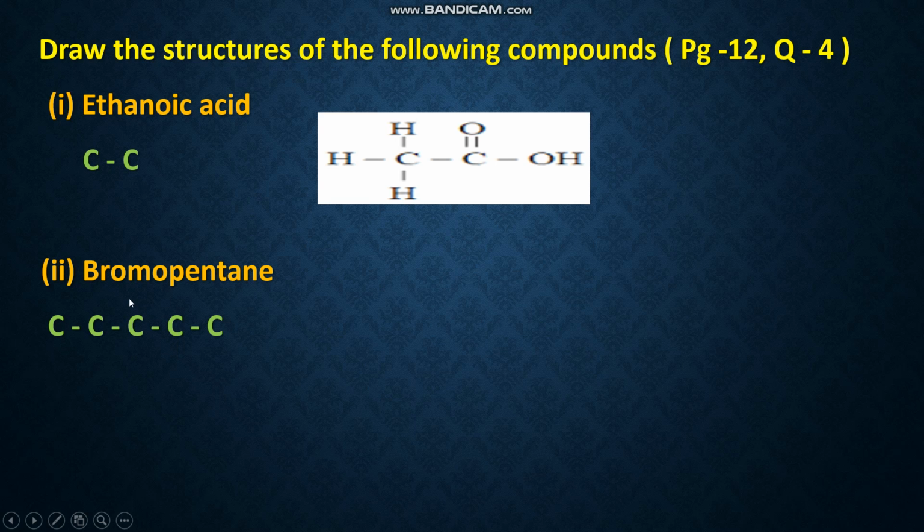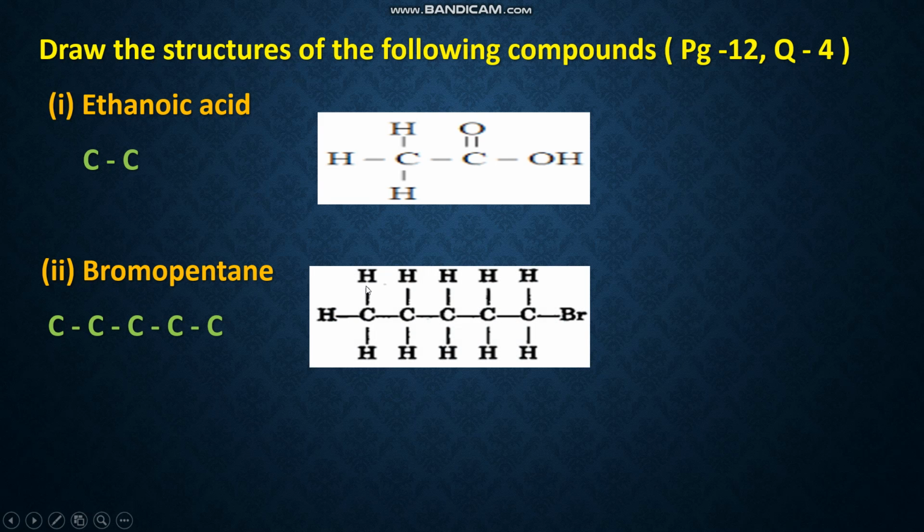Remaining bonds should be satisfied with hydrogen. As you have already seen in the previous class, the valency of carbon is 4, so 4 bonds should be present for the carbon. The remaining you can write with hydrogen. So for bromopentane we first draw the carbon chain containing 5 carbon atoms.